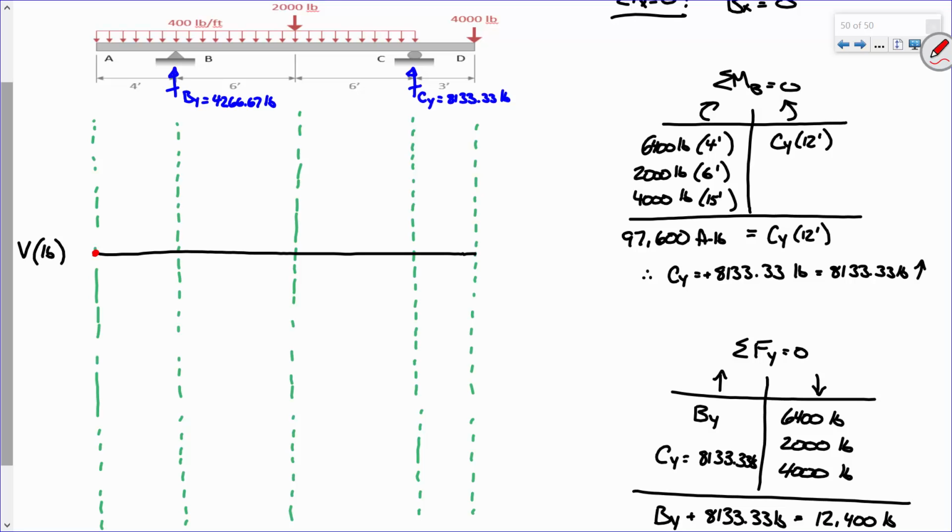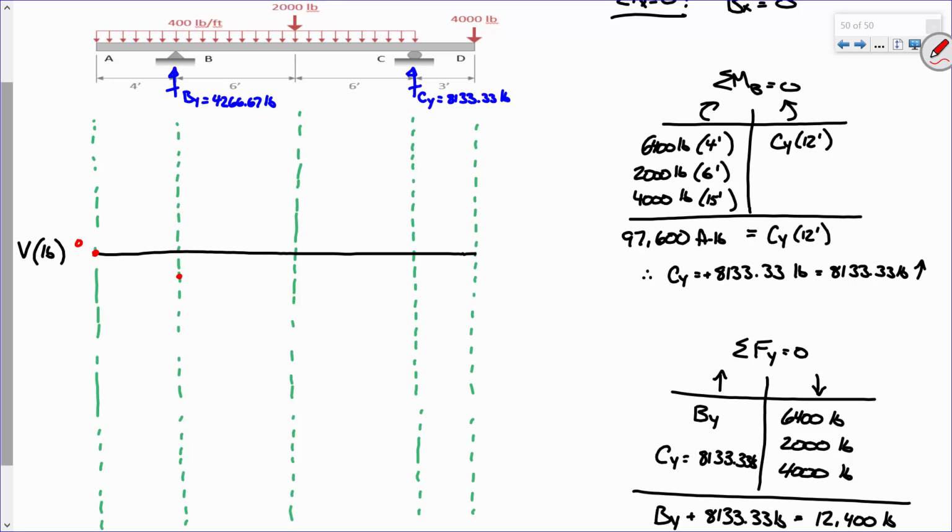From here to here, that's 4 feet. So 400 pounds per foot times 4 feet is what? 1,600 pounds. Okay. So from here to here, I change 1,600 pounds. And I propose that that changes downward since the load is literally pointing downward. Make sense?